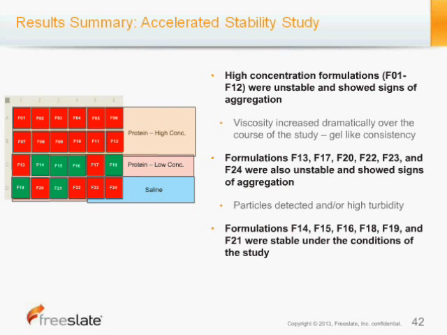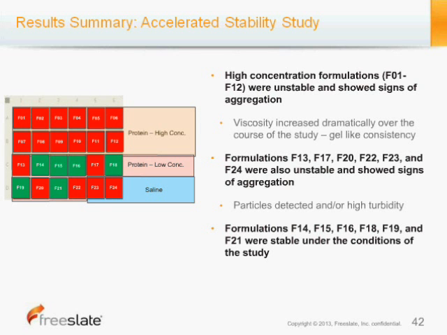And so also the viscosity of those formulations really increased dramatically over the course of the study, again, clearly pointing to the fact that those formulations were aggregating and that they're unstable. And so I would label those formulations as being a bad formulation, right? One that we wouldn't want to take forward.